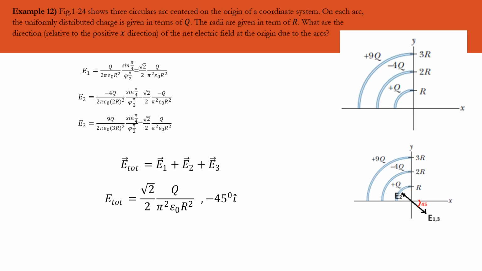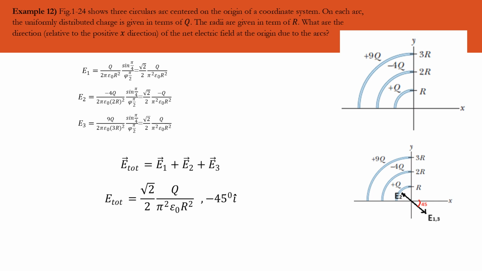Okay, we continue the discussion, everybody, by having an example about the calculation for arcs. Look at the figure. In this figure, we have our Cartesian coordinates x and y. The origin is here. We have three concentric rings, or partially quarter circles.